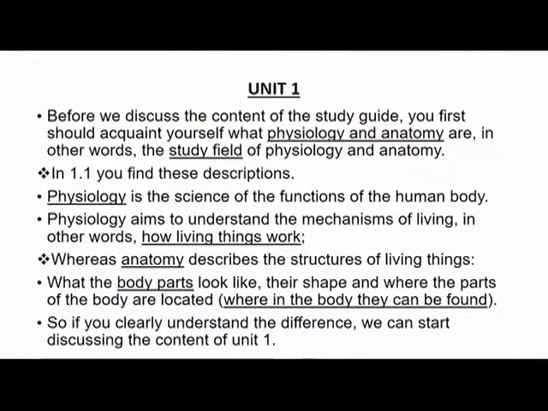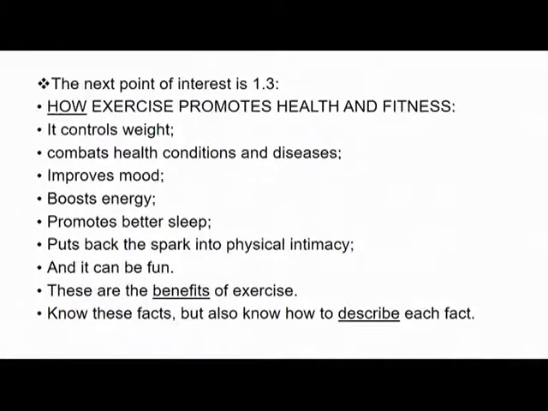Physiology aims to understand the mechanisms of living, in other words, how living things work, whereas anatomy describes the structures of living things, what the body parts look like, their shape, and where the parts of the body are located, where in the body they can be found. So if you clearly understand the difference, we can start discussing the content of Unit 1.